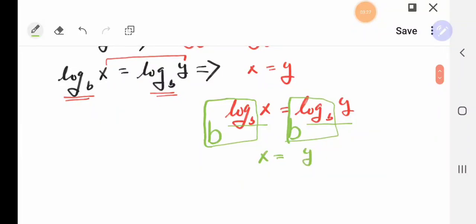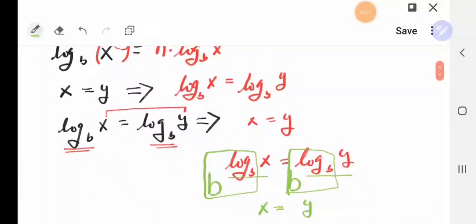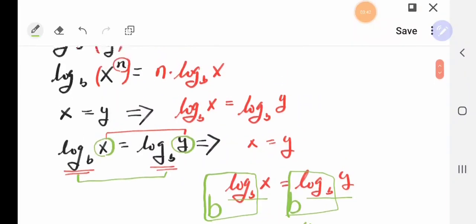So this is equal to x and y. So just assume that the corresponding parts are the same. Since logarithm b are the same, we should have these two, x and y, equal.